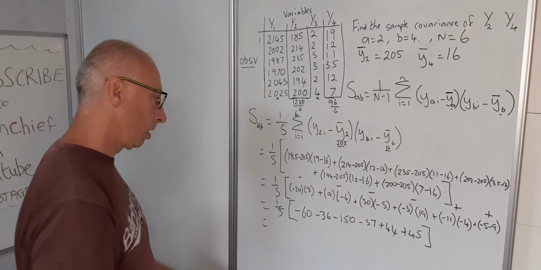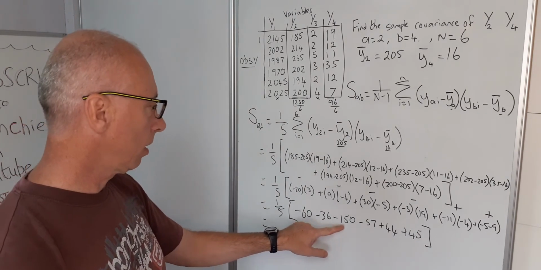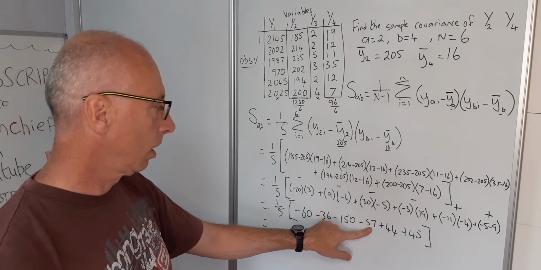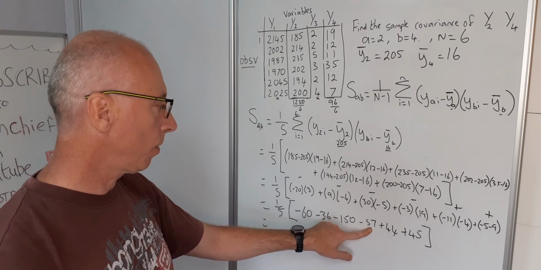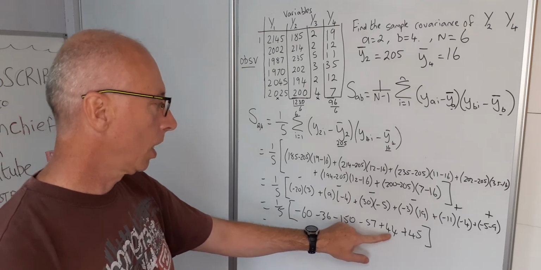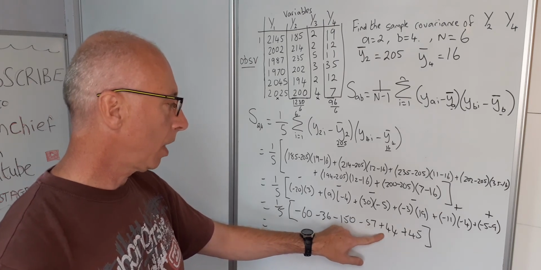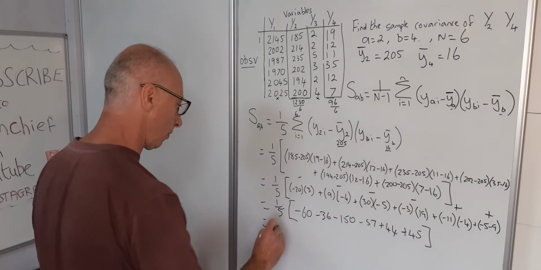So then we've got minus 60 minus 36 is minus 96. Minus 150 is minus 246. Minus 246 minus 57 is minus 303. And then add on 44 and 45, which is 89. So minus 303 plus 89 is minus 214.